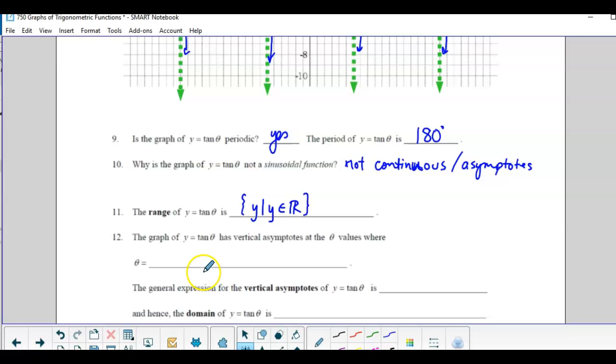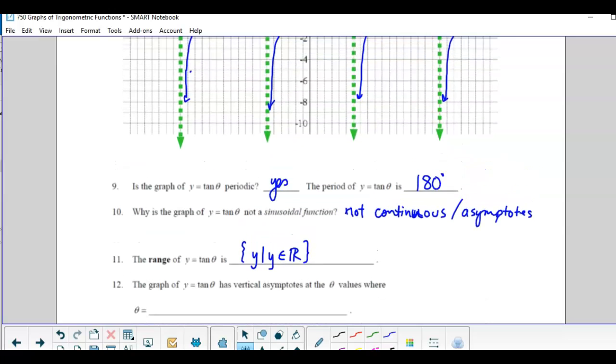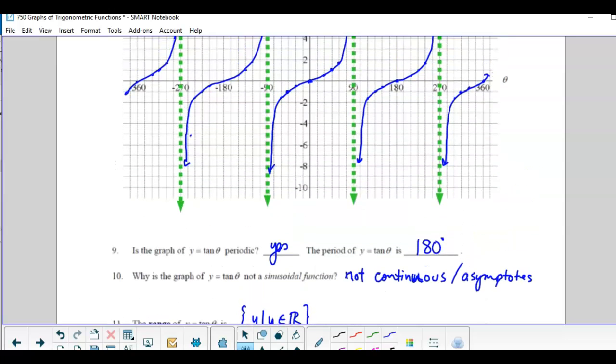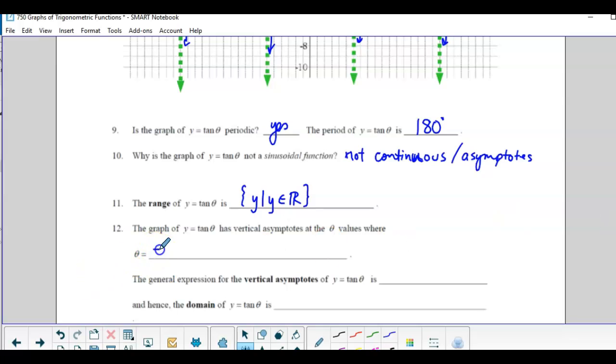Now, the graph has vertical asymptotes at what values? So where theta equals, so here negative 270, negative 90, positive 90, positive 270 on this graph, but they would repeat, right? So now we want the general expression.